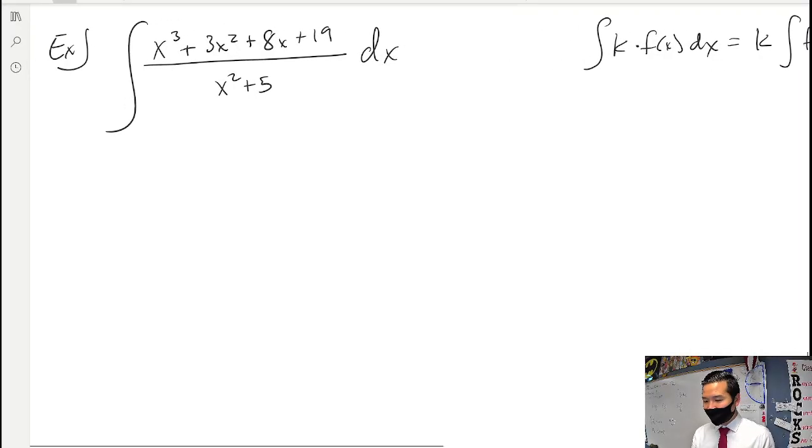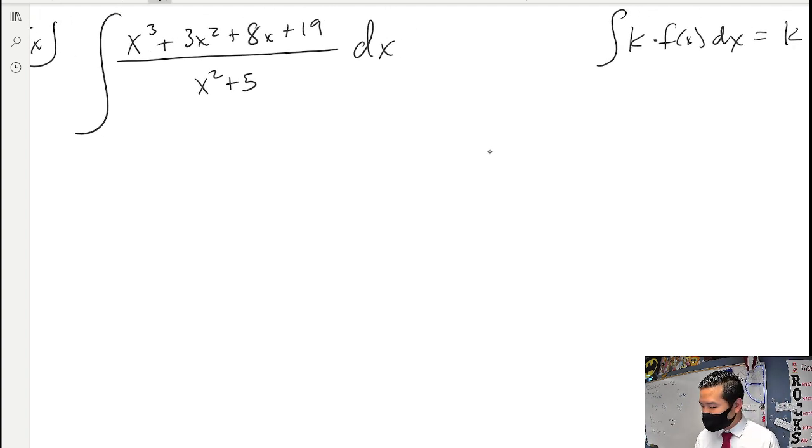Okay. So I'm gonna shortcut this and go a little faster because I took way more time on this problem today. All right. So if you do the long division here, we end up with x squared plus 5 dividing into x cubed plus 3x squared plus 8x plus 19.